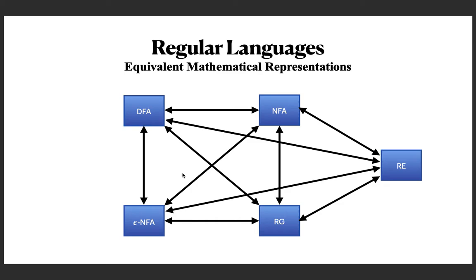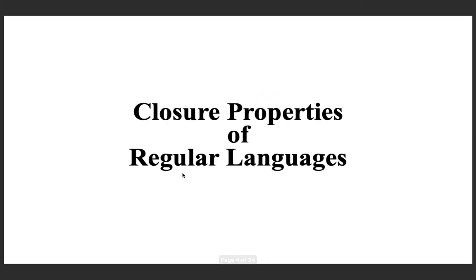So given one of the 5 representations, there exists an algorithm to convert it into any one of the other 4 representations, and that is what we learned till now in this course. And today we are going to discuss closure properties of regular languages.